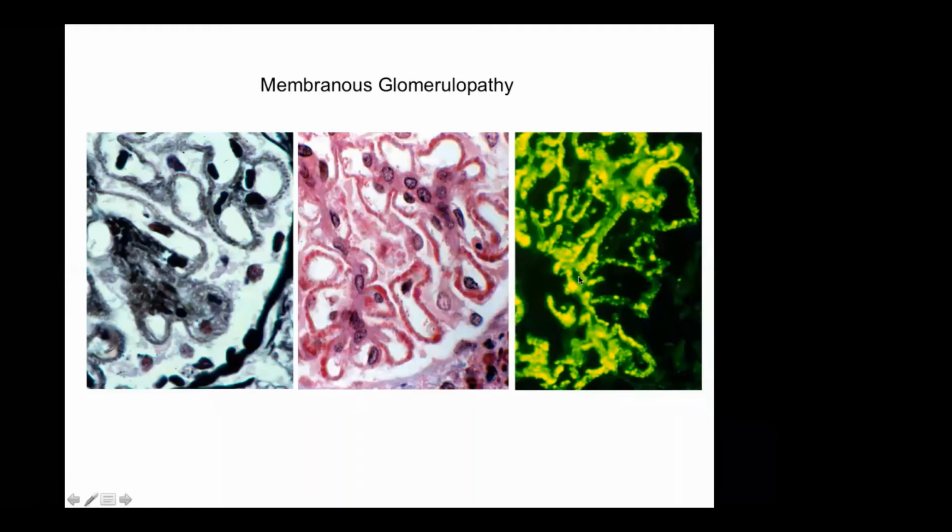We won't have much in the mesangium. Look here, we don't have much in the mesangium; it is in the loops and it will be granular. Alright.